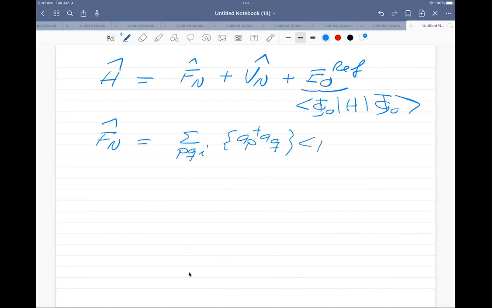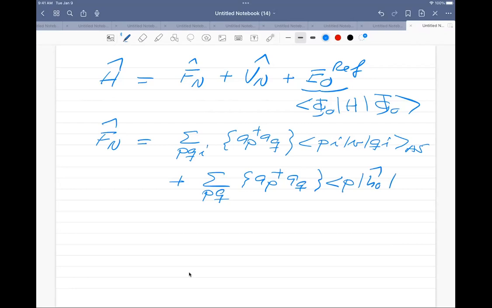But I have this matrix element, P I of V Q I, antisymmetrized, plus the sum over PQ, and then I have the traditional or the old one-body piece, where this now had this specific integral of H0 of Q.